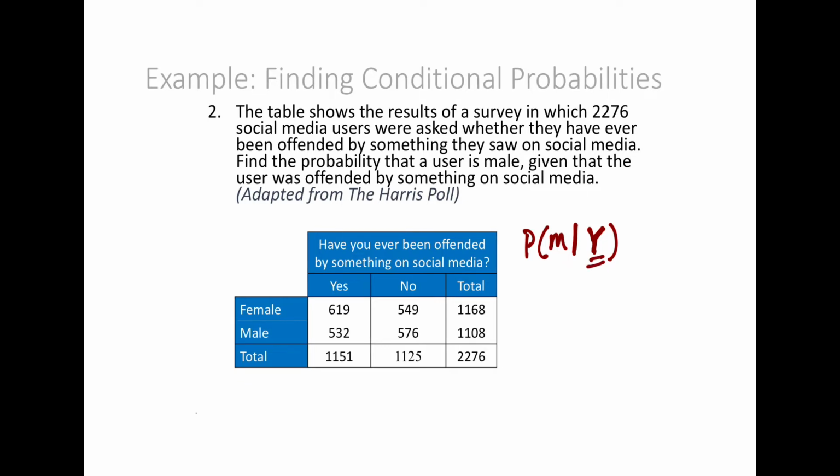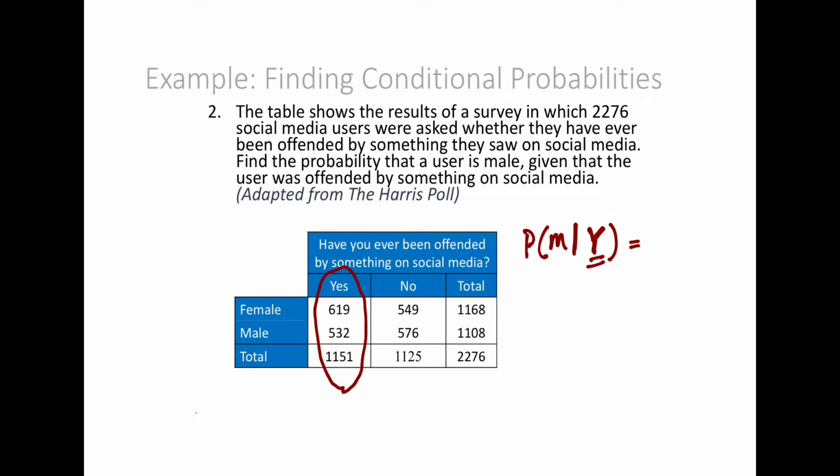Assuming they said yes, this means that we already know that whoever we're finding the probability for, we want to find the probability that they're male, but it's already given that they said yes. Since it's given that they said yes, this is the only group that I'm going to focus on.